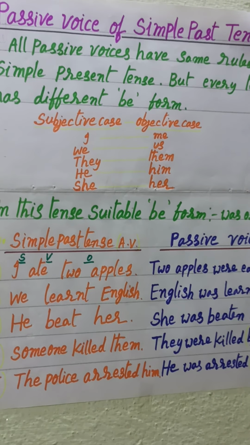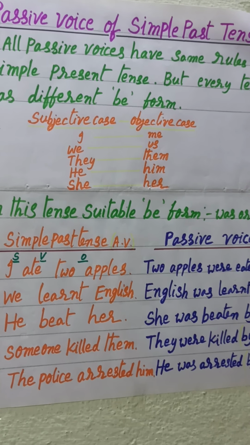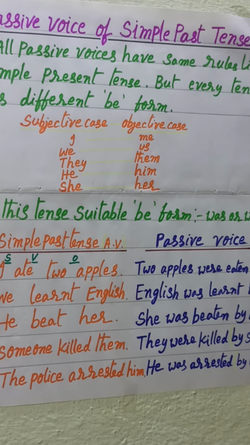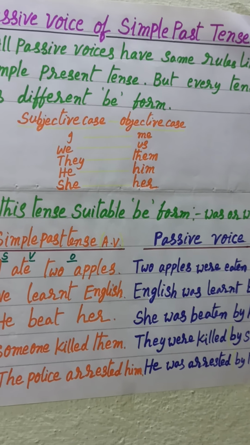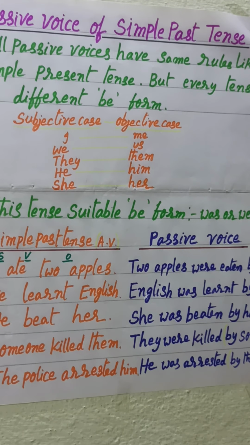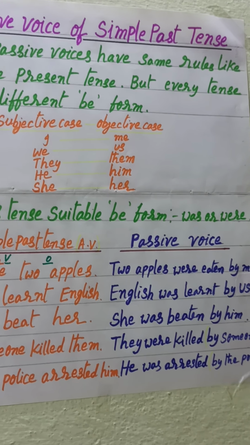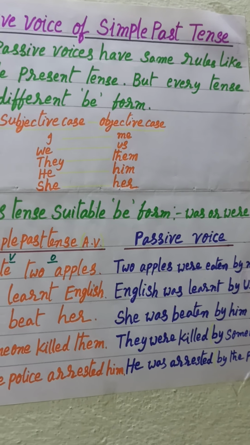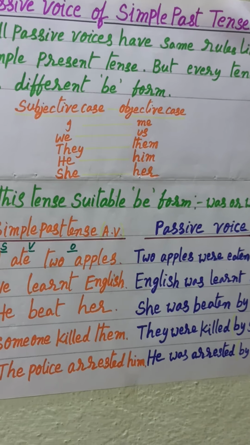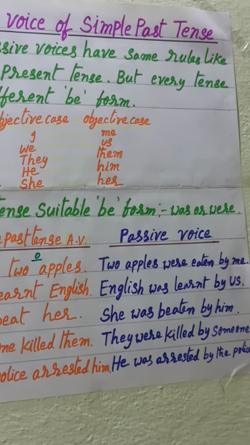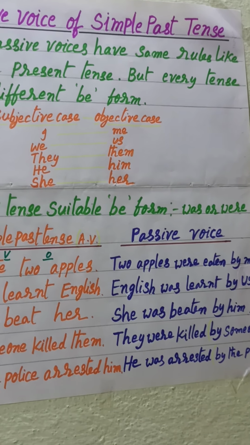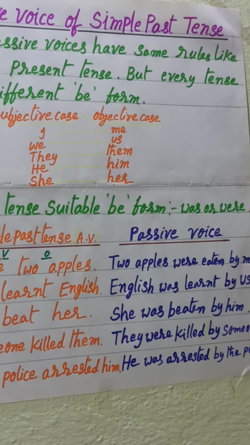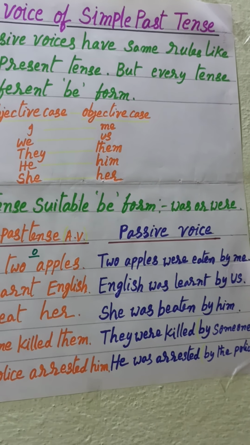The third sentence, he beat her. For example, our neighbor always beats his wife. We know about that. So here, she was beaten is enough, or she was beaten last night.